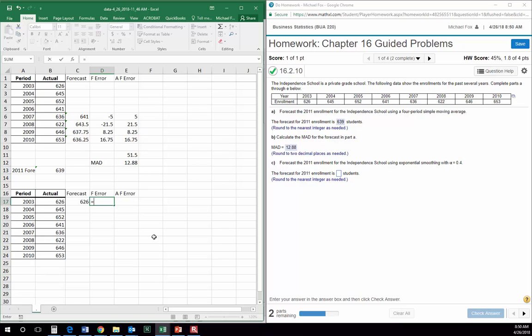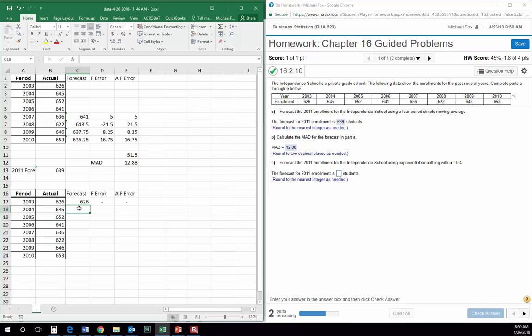That means our forecasting error, the actual minus the forecast, is 0, and our absolute forecasting error is also 0. I like to represent these as a dash because they're not actually 0. They're more like we can't calculate them because we don't have the appropriate data, because this first year was an estimate.